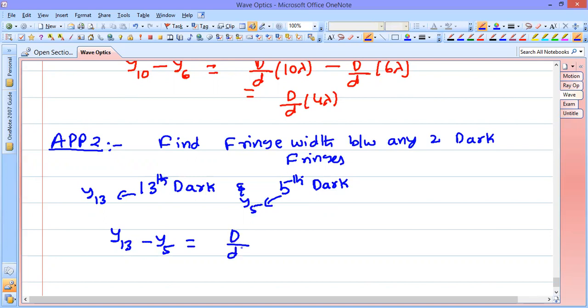capital D by small d times (2n minus 1) into lambda. Since it is the 13th dark, I'm keeping 2 into 13 minus 1, minus capital D by small d times (2 into 5 minus 1) into lambda.